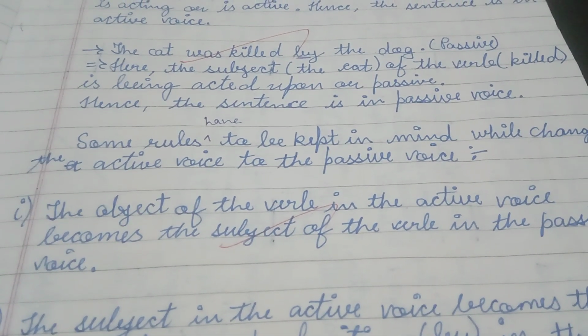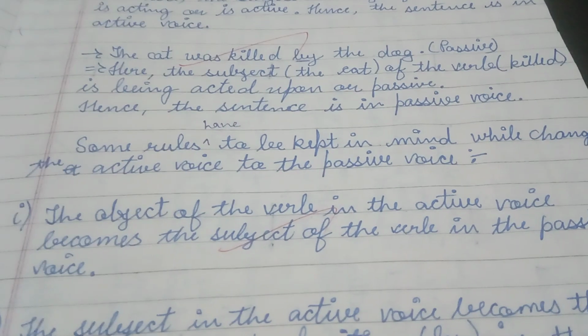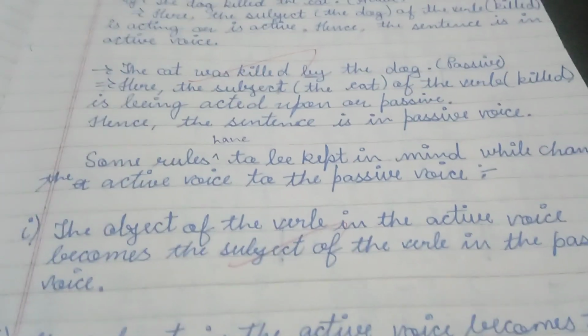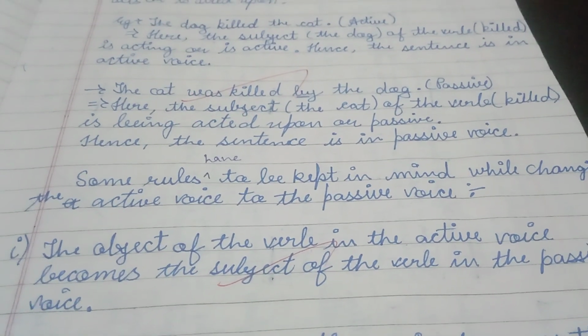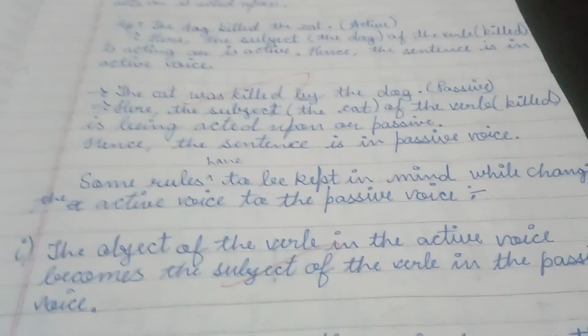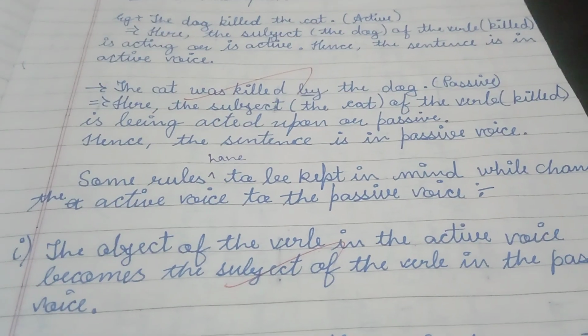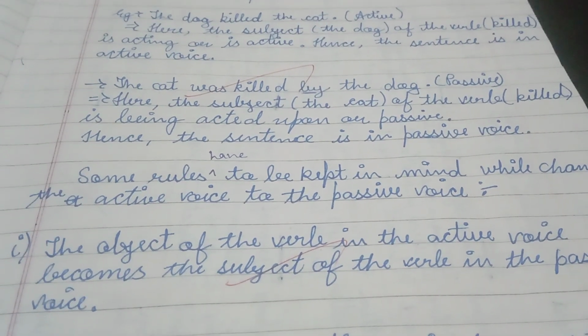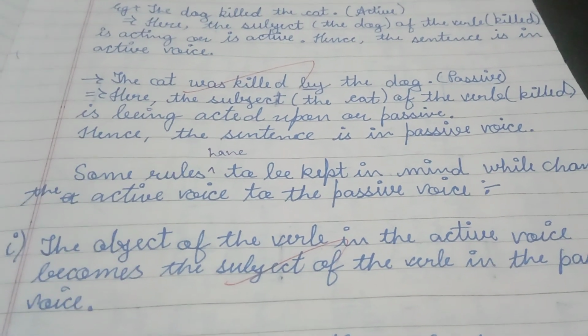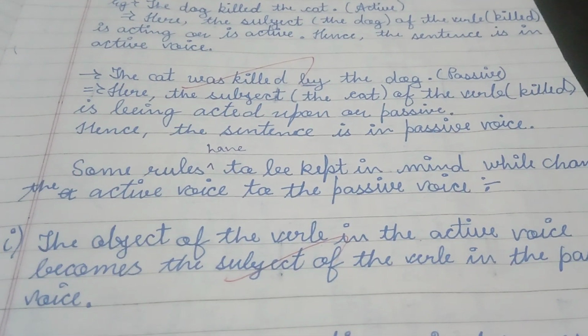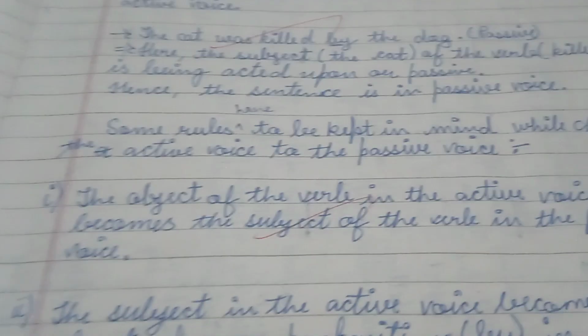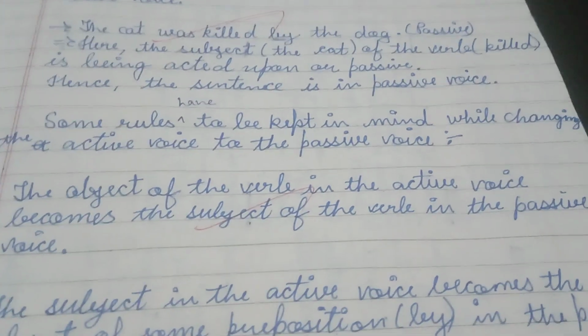If I again take the above example, then the object of the verb in the active voice of the statement the dog killed the cat was cat. So that object became the subject when we changed the voice to passive in the sentence the cat was killed by the dog. Hence, rule 1 is explained.